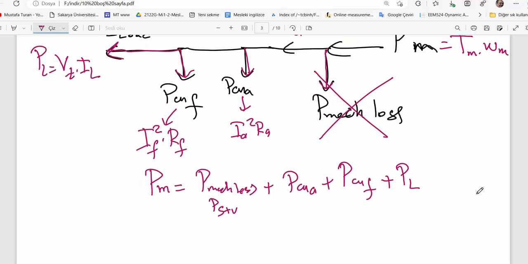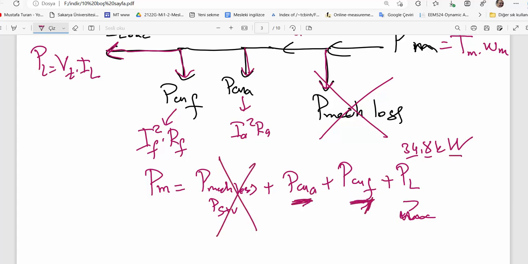Now, ladies and gentlemen, we should calculate those elements individually. Some of them are already calculated. But we don't know those guys. We will calculate, and this guy is neglected. So that is the required input power.